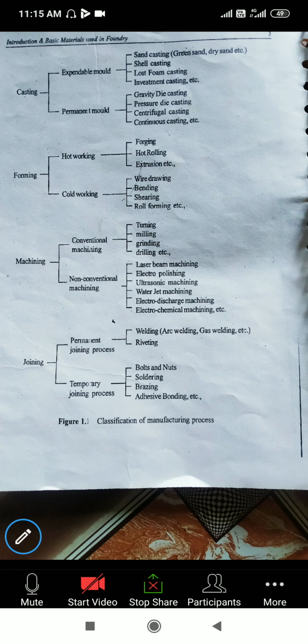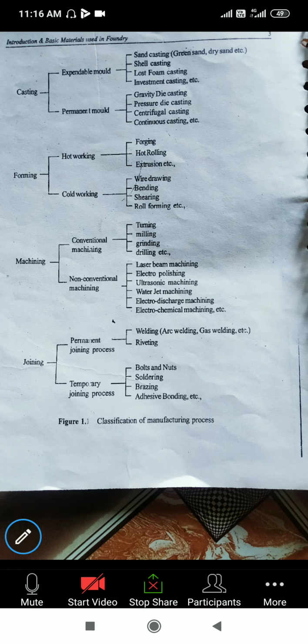Now next we'll go with machining. In machining there are two types, conventional and non-conventional machining. In conventional machining there are four types: turning, milling, grinding and drilling.